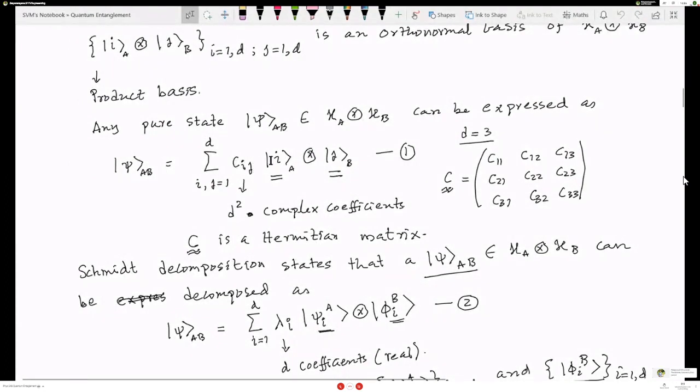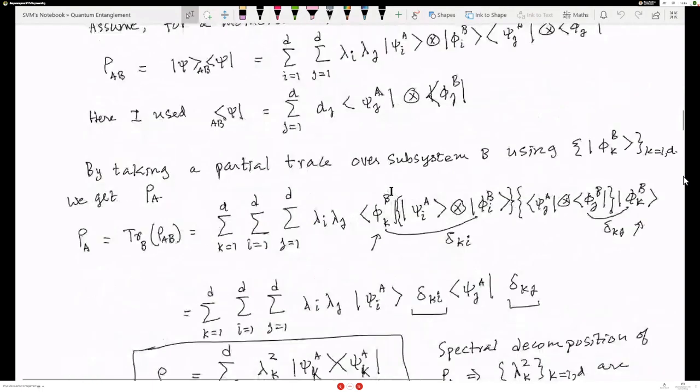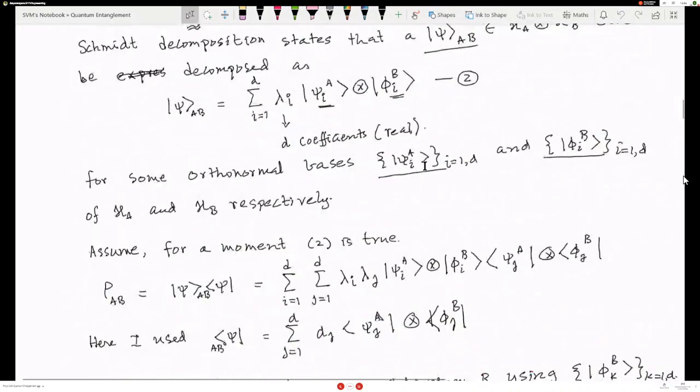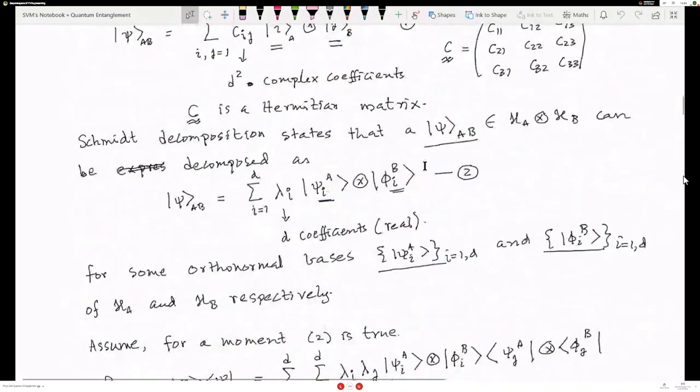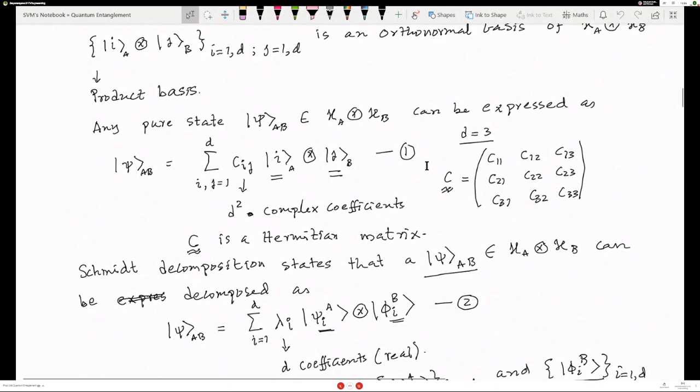I think I also showed this later sometime. No, sir, you have used the property of the Hermitian matrix. You mentioned that lambda i are real because Cij is Hermitian.